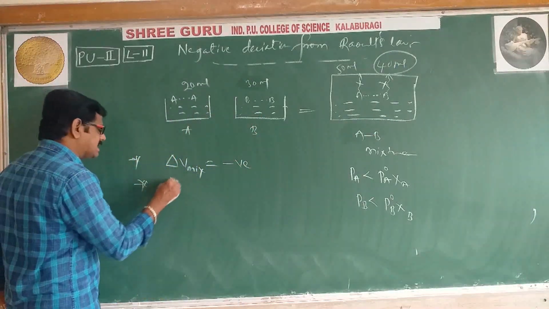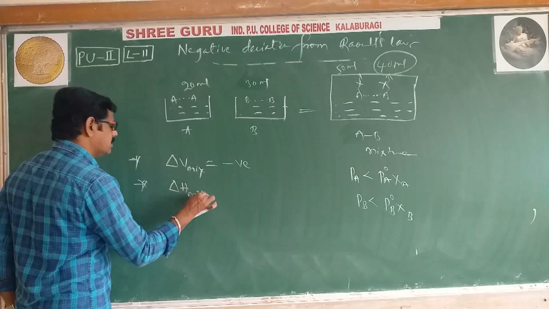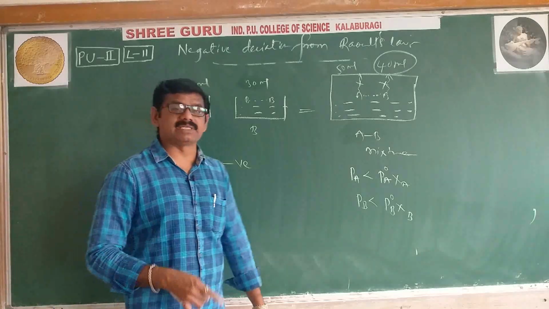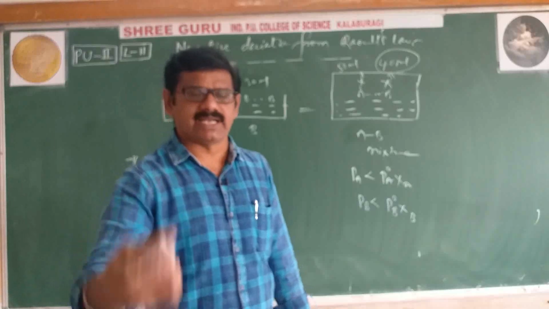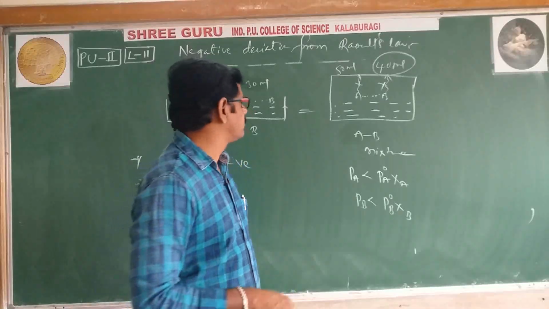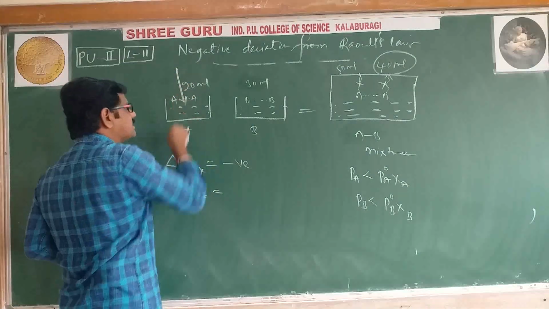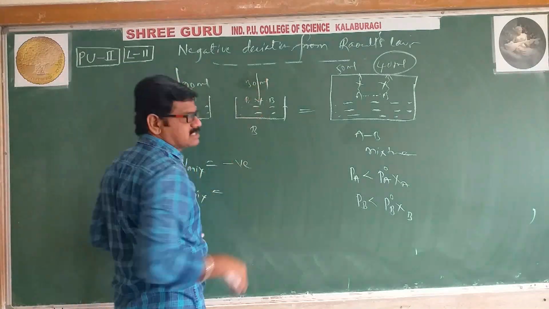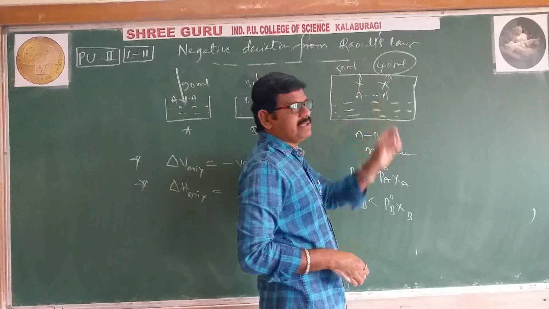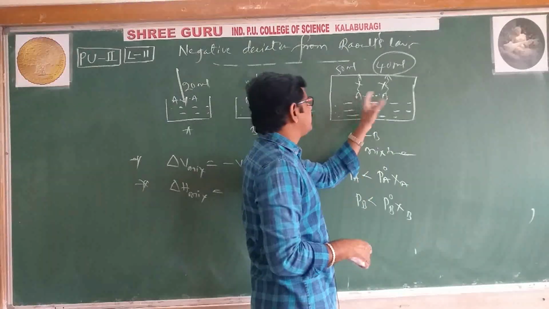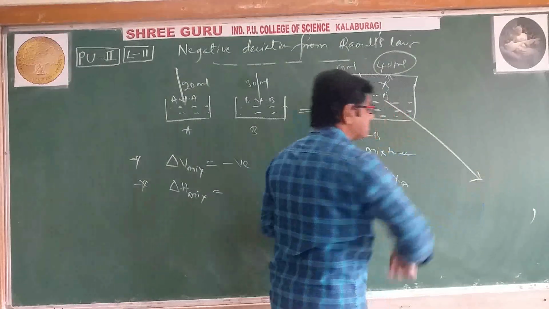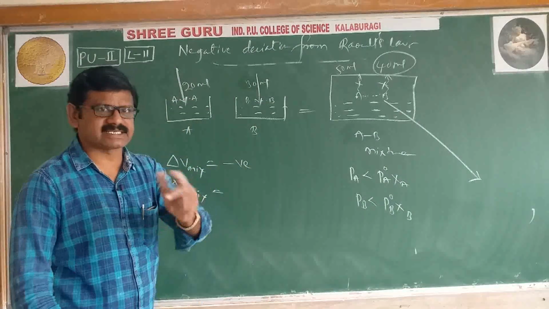And delta H mixture, the enthalpy change in the mixture, whether negative or positive, let's discuss now. Here between A and A attraction forces are there, we have to break the attraction. Here also we have to break the attraction. Then between A and B, a new bond is forming. After formation of the new bond, energy is released. Now we'll compare.